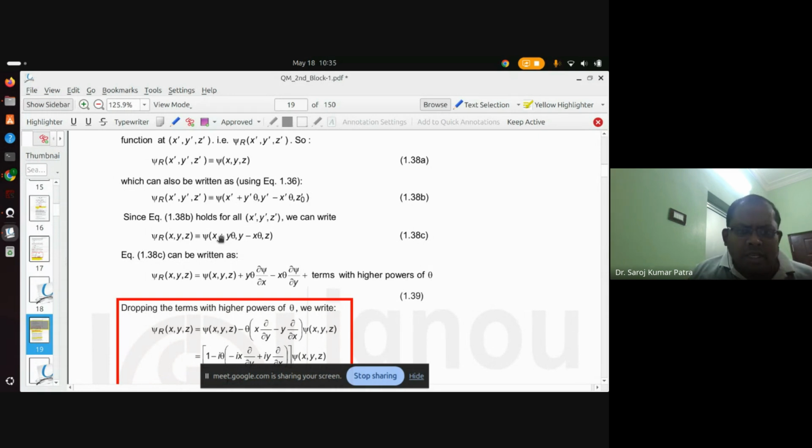What happens in x plus y theta? Since we have a change in x over here, we can expand it. How do you look at it? Take a partial derivative. First one would be psi of x, y, z, next one would be y theta.